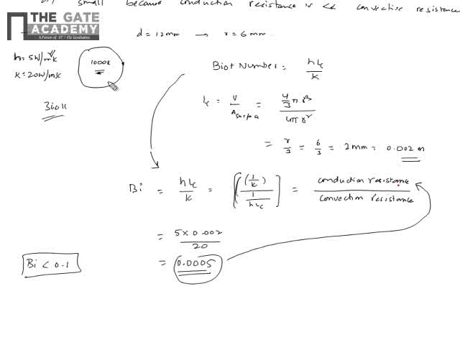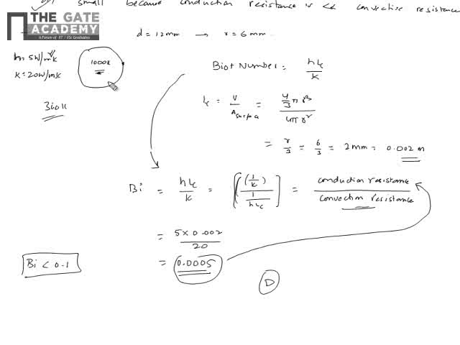Biot number very small means that compared to the convective resistance, conduction resistance is very low, and the temperature difference between the center and the outer is very small. So the answer for this is D, small, because conduction resistance is less than convective resistance.